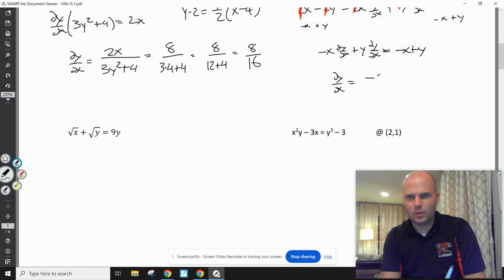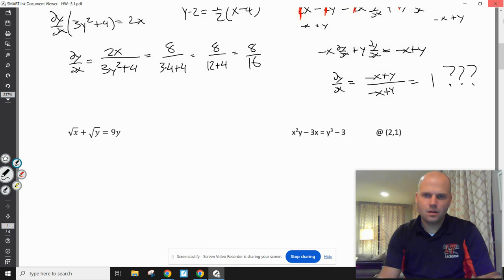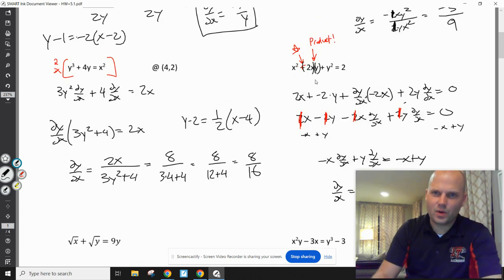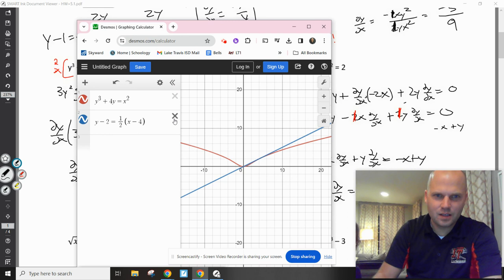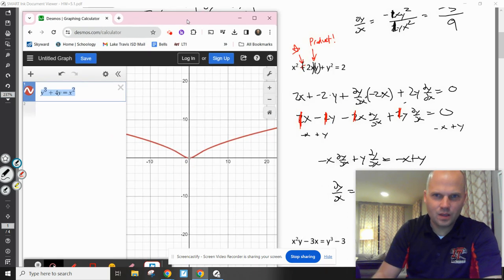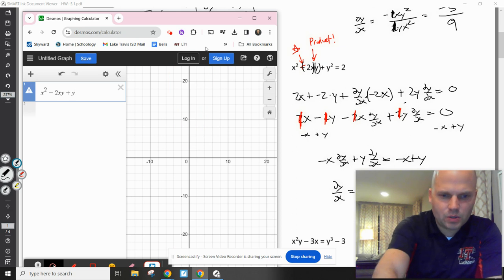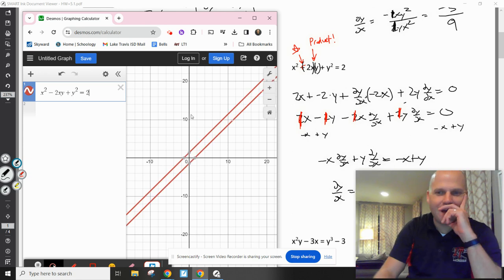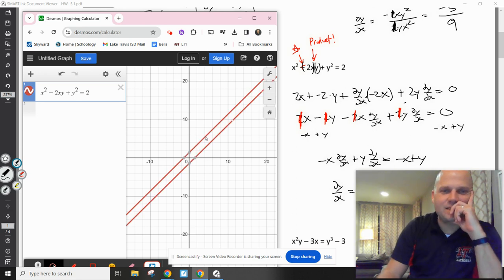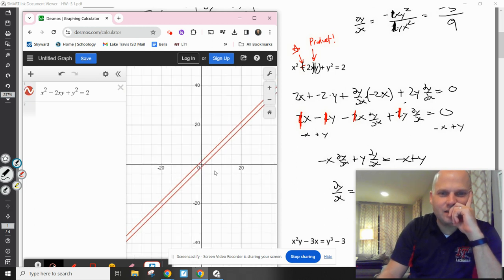What is going on here? I feel like this equation is actually something else. What equation? x squared minus 2xy plus y squared equals 2. Holy cow! I don't remember this. This is wild. There are 2 parallel lines.